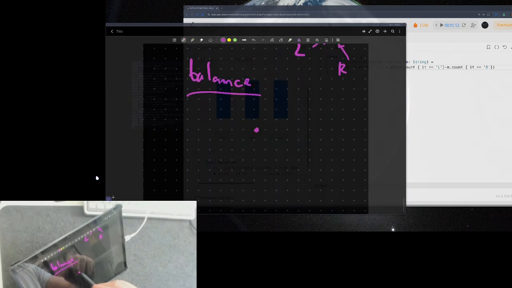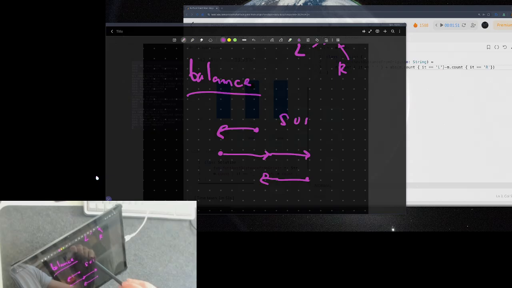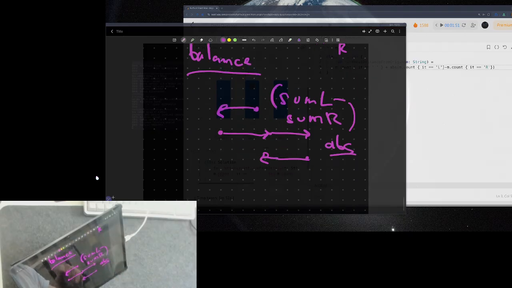Because if you travel to the left, then travel to the right, then again to the right, and then to the left, the result is just the sum of all L's minus the sum of all R's, and then the absolute value, because the L can be bigger or R can be bigger, it doesn't matter.